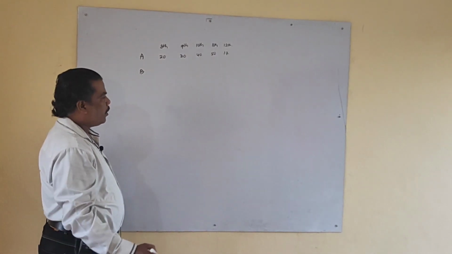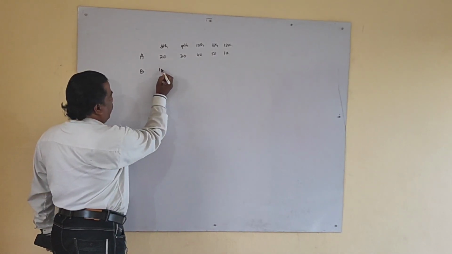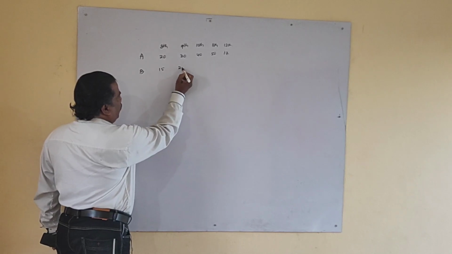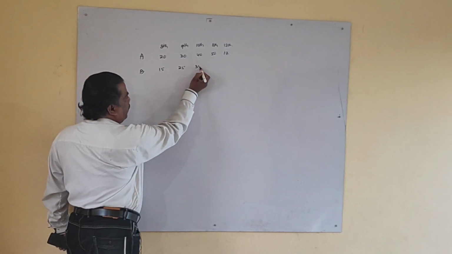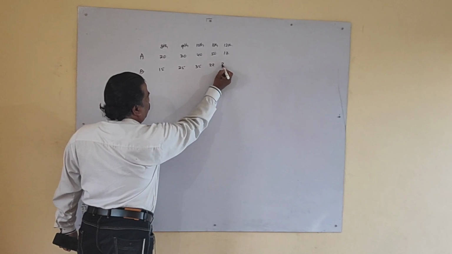And for school B, the number of students are 15, 25, 35, 22, 23.